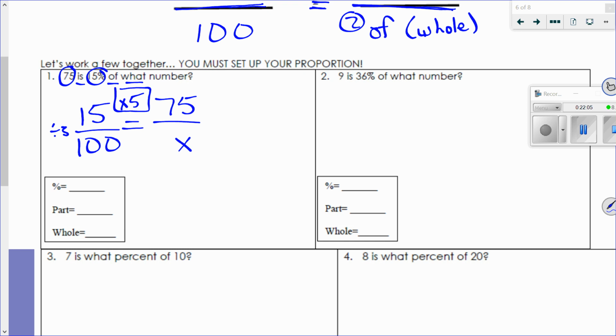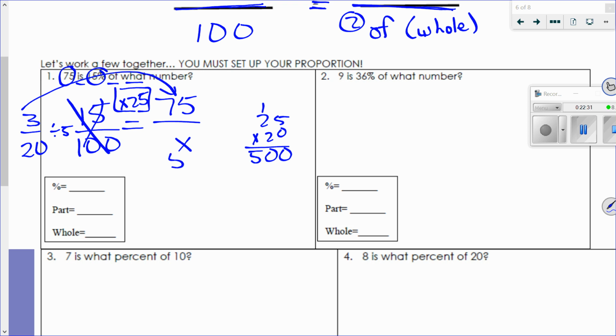So I divide those by 5, and I would have gotten 3 and 20. So I'm going to get rid of the times 5 because we did a step back. How do I go 3 to 75? Times 25. So now I do 25 times 20, and I get 500. Which is also what I would have gotten if I did 100 times 5 on the first one when I saw the direct relationship.